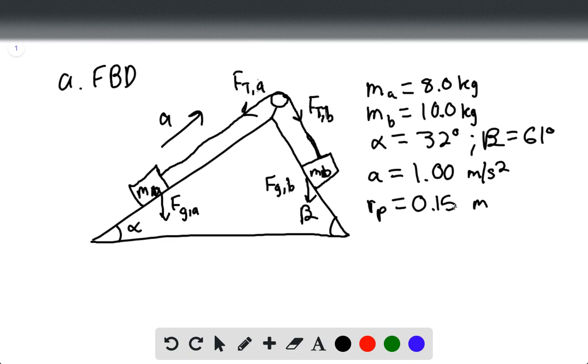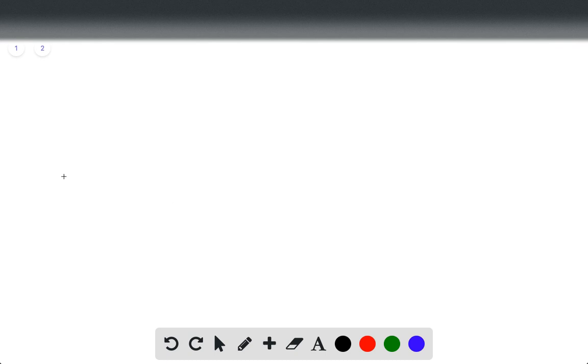So part B is asking us to find the tension in A and the tension in B. For A, we can say the sum of forces on A equals m_A a, or rather we can specify this mass and say m_A a.